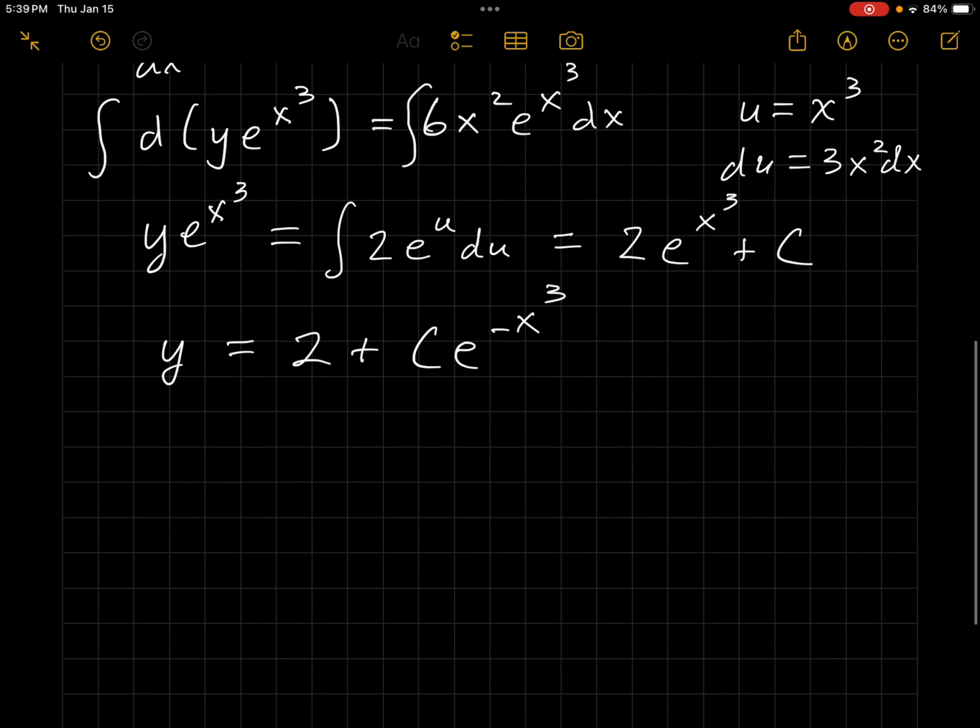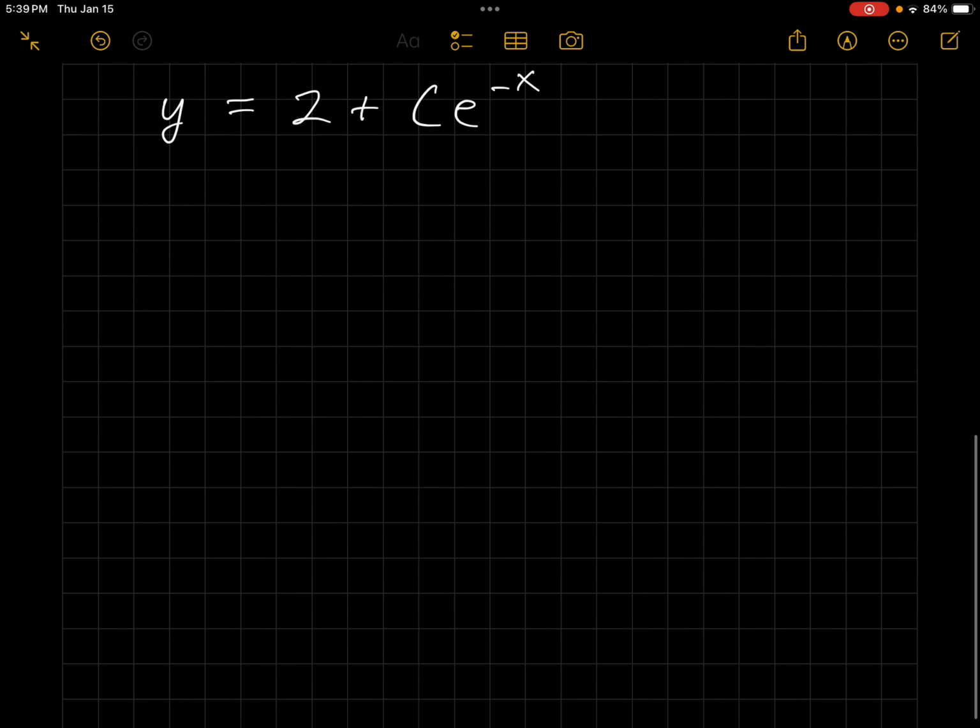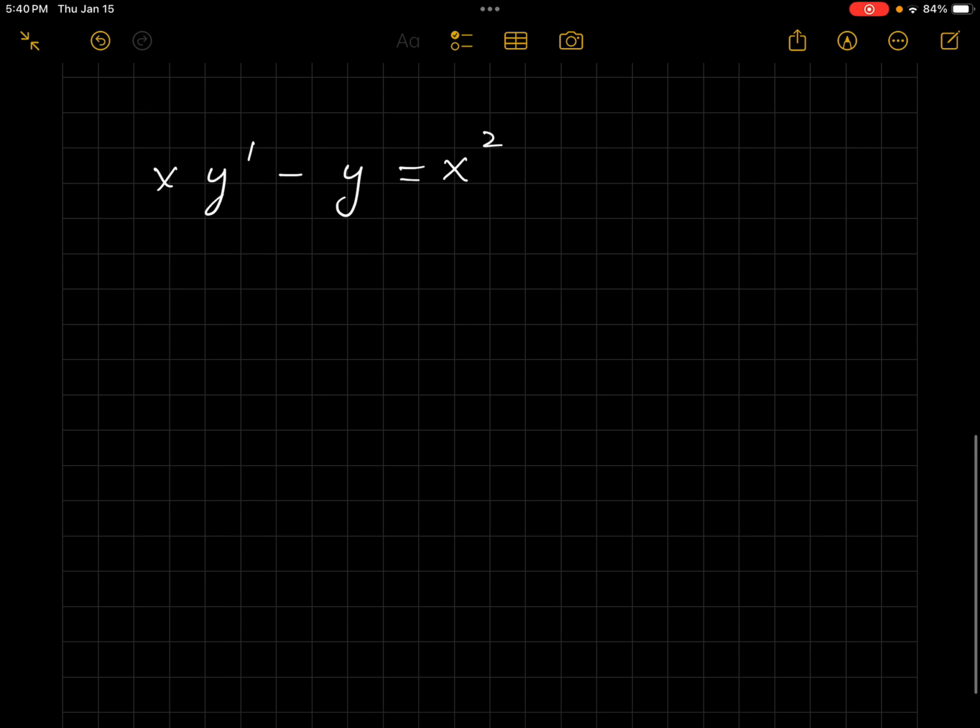One more example. Let's consider the differential equation x times y prime minus y equals x squared. Now we wanted the form dy/dx, which I'll write as y prime here, plus p of x times y equals q of x.